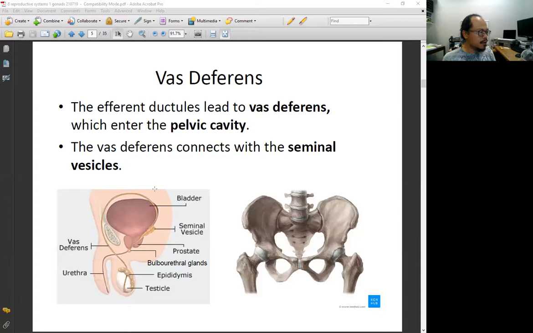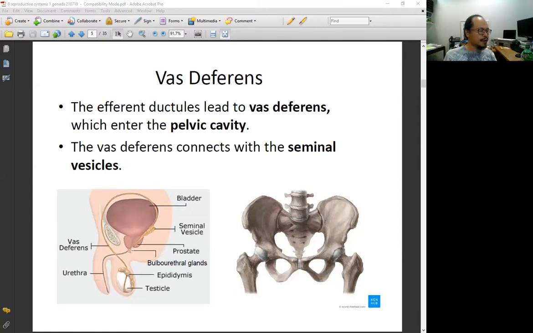So it will go around. We have two Vas Deferens. They will go around behind the bladder, and then go through the seminal vesicles, and the seminal vesicles will provide some of this fluid to mix with the sperm, and then they will meet each other and go through the prostate.